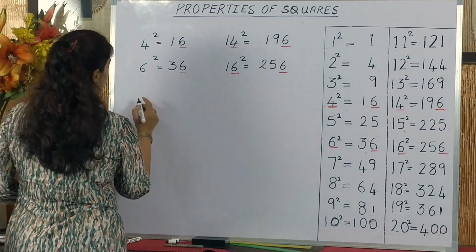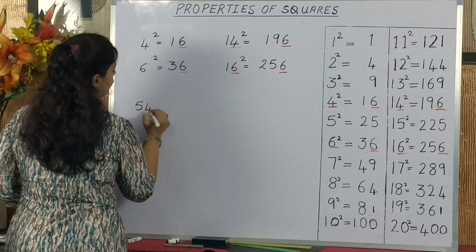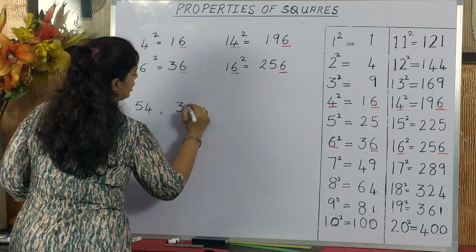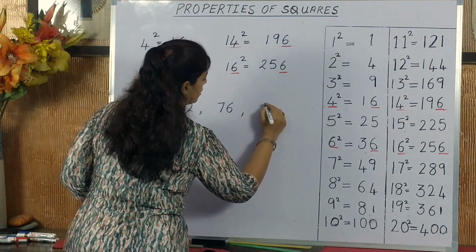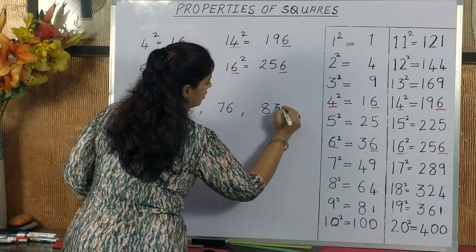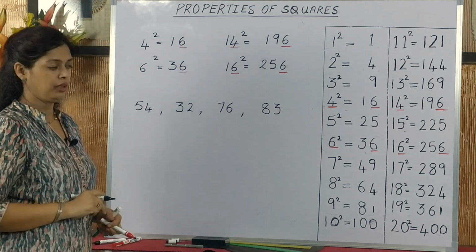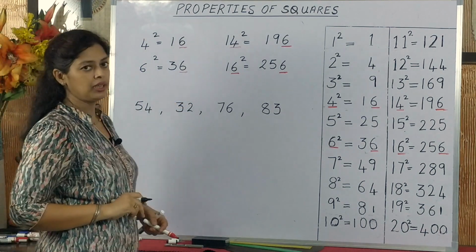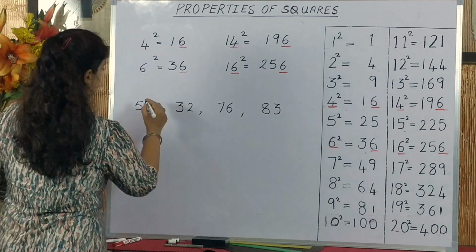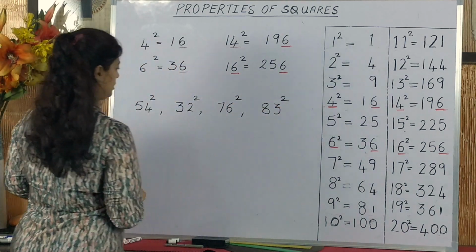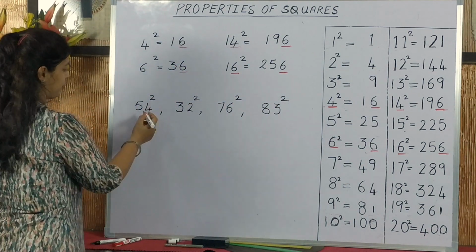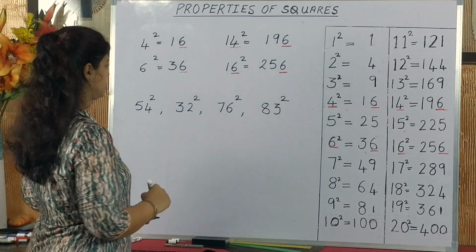For example, if I give you the numbers 54, 32, 76, 83 and ask the squares of which of these will have a 6 in the units place. So just by looking at the numbers, we have to see the units place of these numbers.